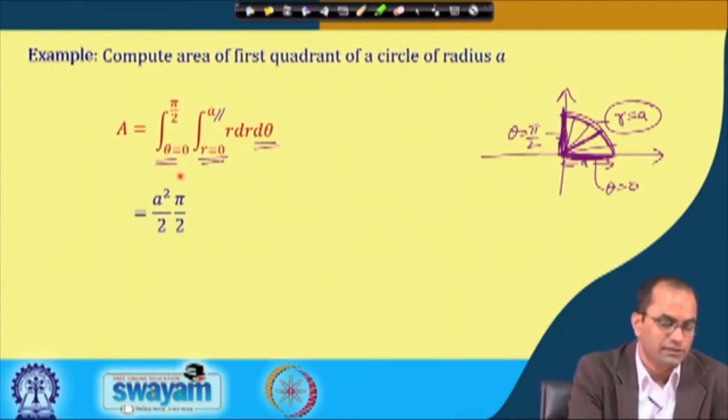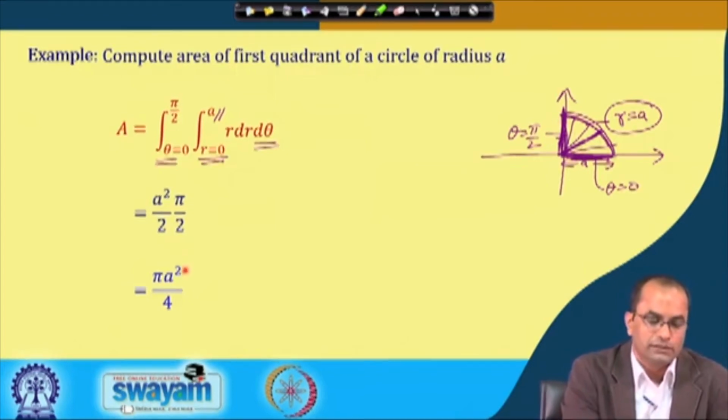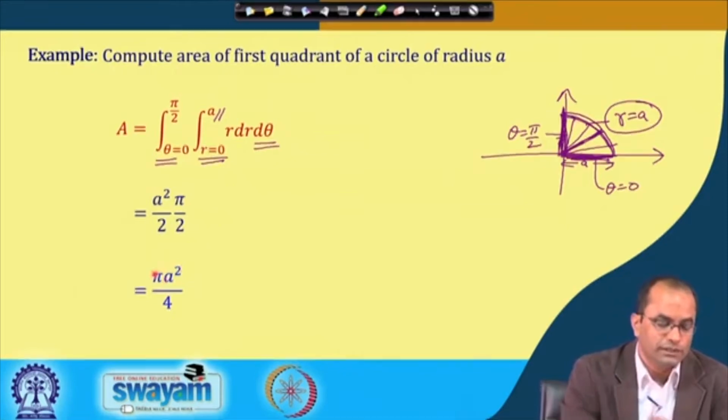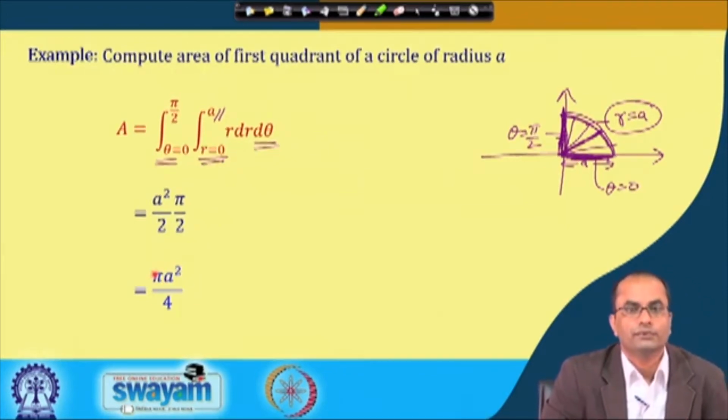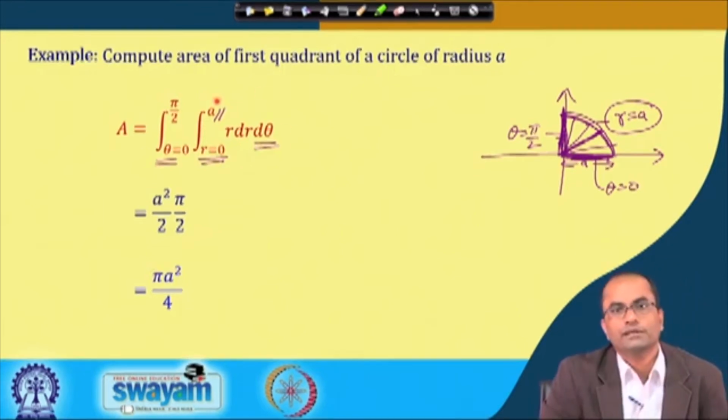So that is the area of this part of the circular region: pi a square by 4, which we have easily evaluated with the help of the integral in polar form.